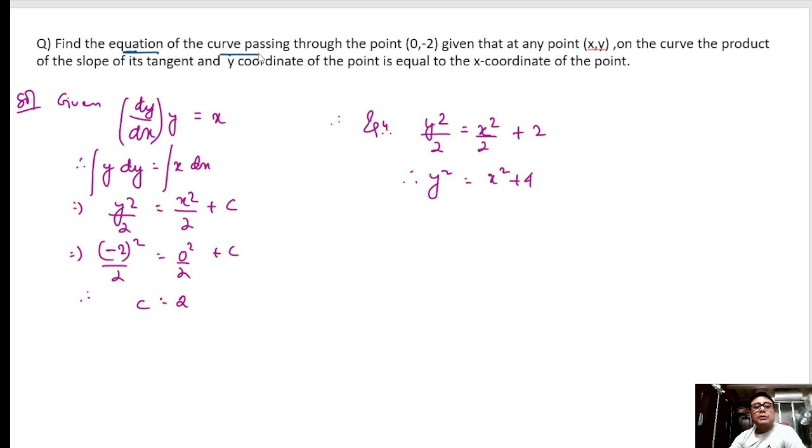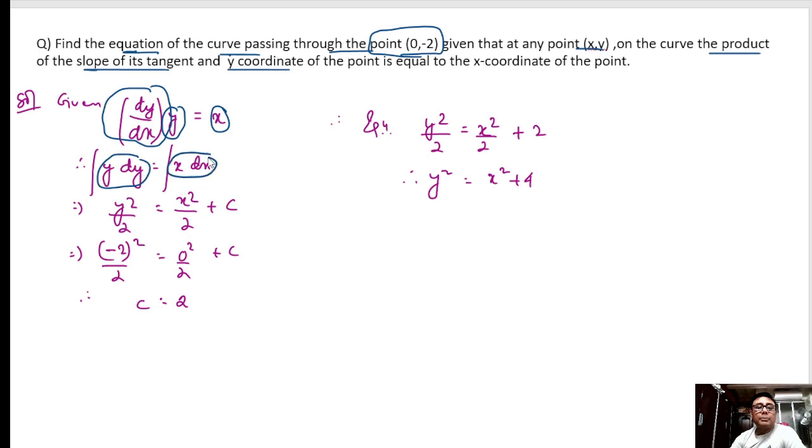Find the equation of the curve passing through the point this. The product of the slope of the tangent and the y coordinate is the x coordinate. So using this, we separate the y and the x part and put the integration.